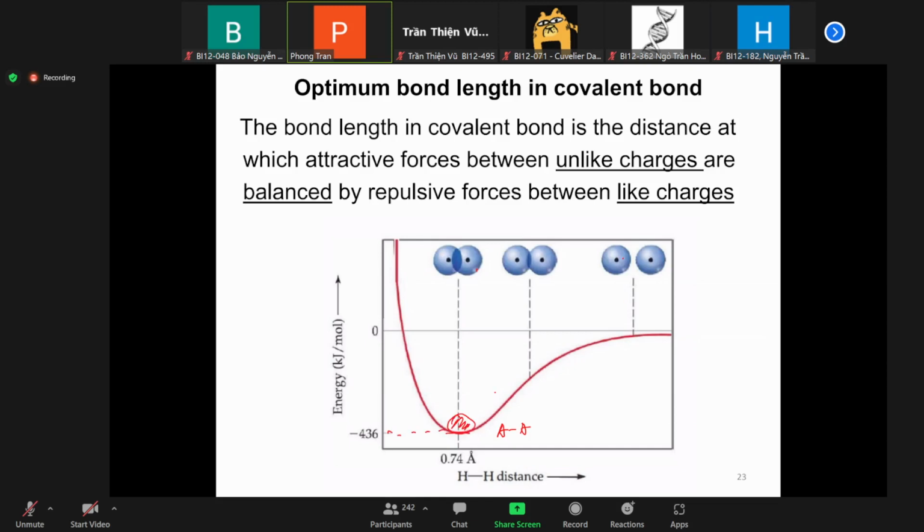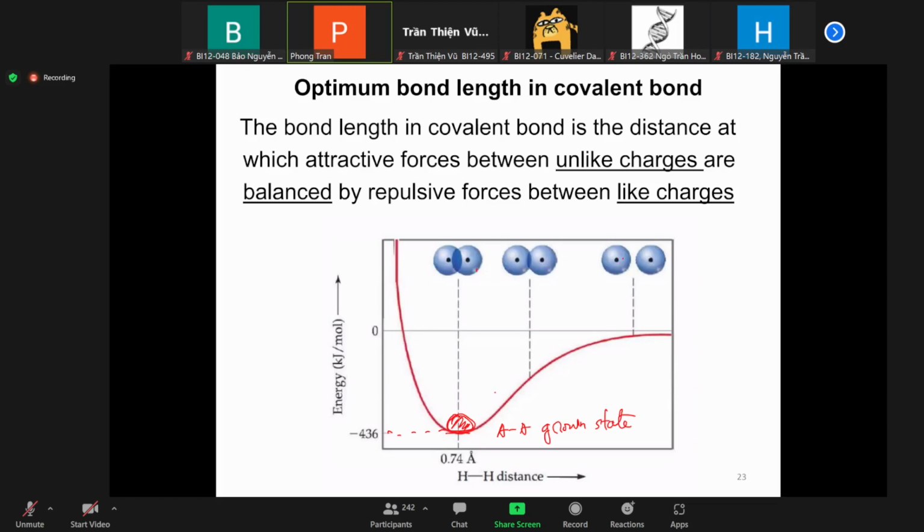It's not only one unique value. It is in the most stable state, which we call the ground state. Okay, the most stable one.